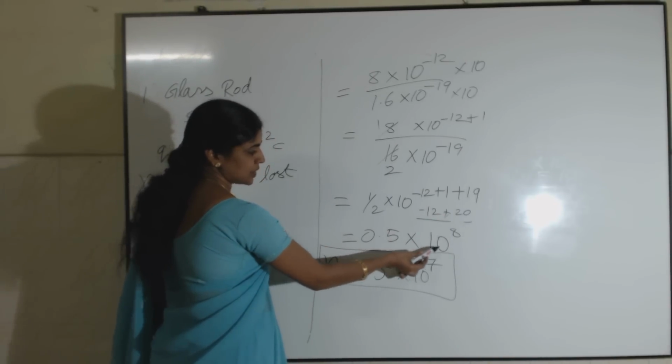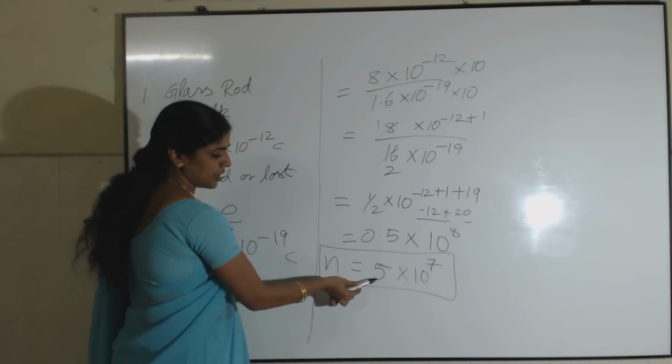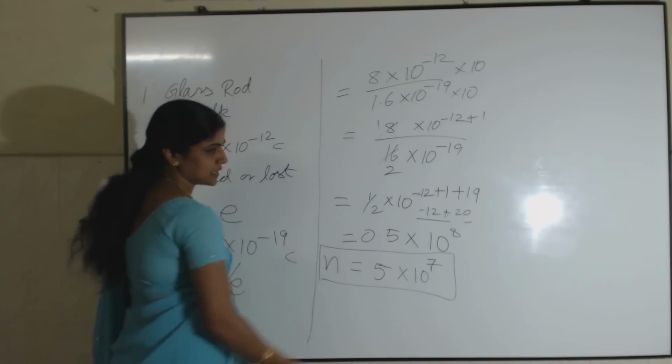Here it is 0.5 into 10 power 8. If I want to write this as 5, it will become 10 power 7. So here n equal to 5 into 10 power 7.